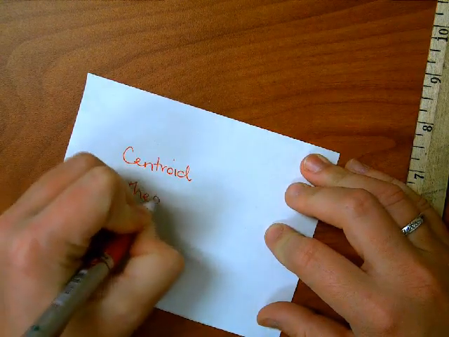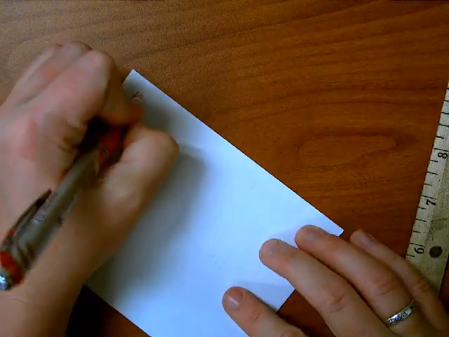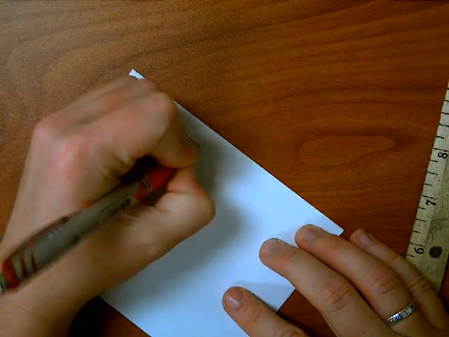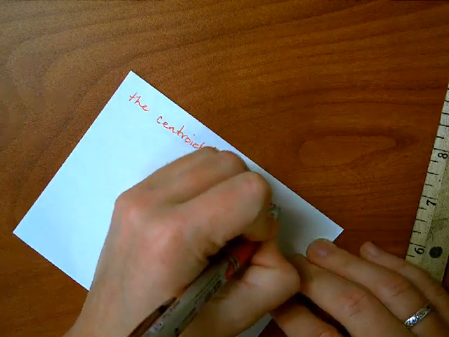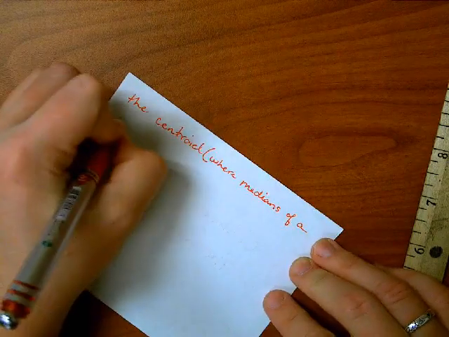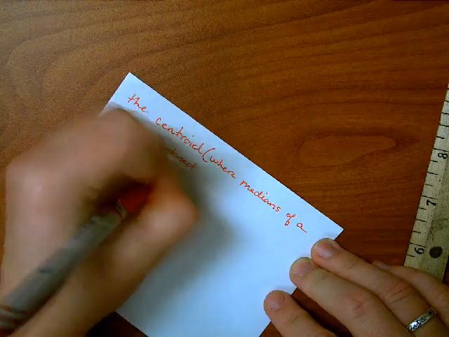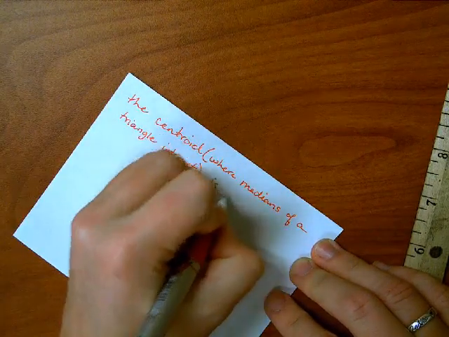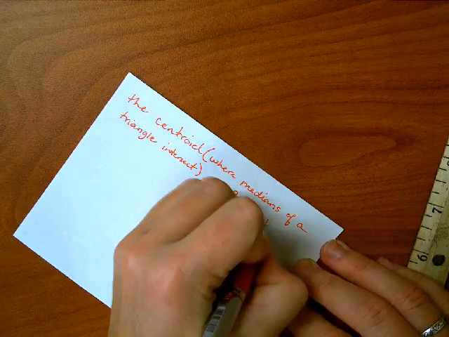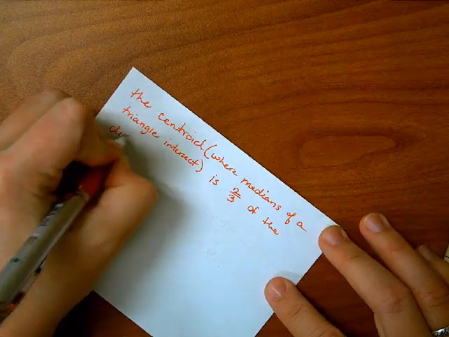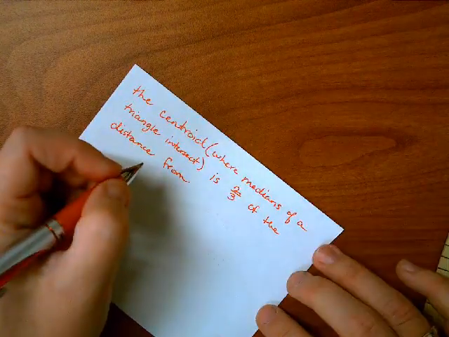The centroid theorem states that the centroid, which is where medians of a triangle intersect, so the centroid is 2/3 of the distance from each vertex to the midpoint of the opposite side.